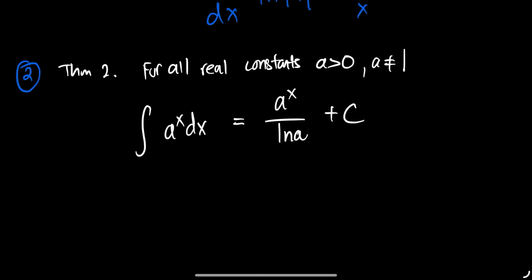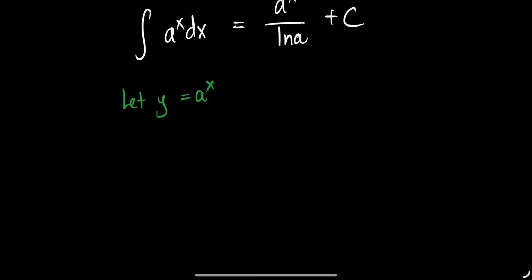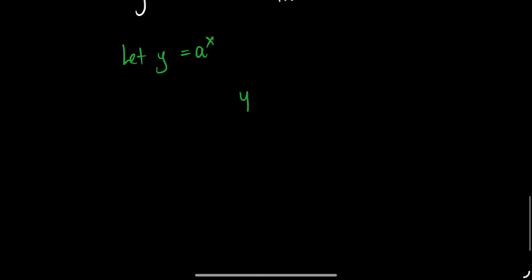I will try to prove this just for the understanding's sake. Let's say y equals a^x. If we take ln of both sides, we get ln y equals x ln a.